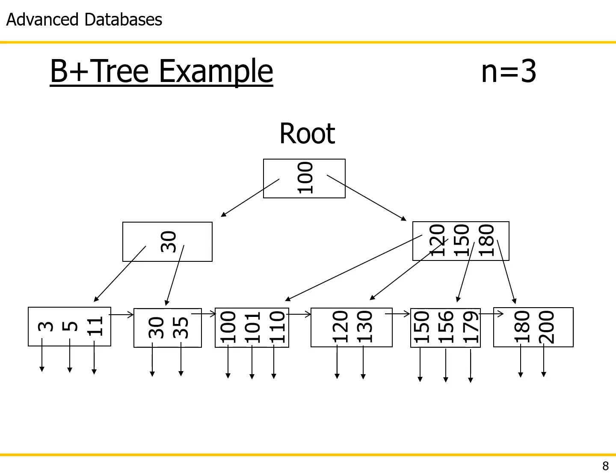Okay? Now the actual column that existed in the table that you have read and created this index from, we haven't discussed how we actually create the index, but that actual column is all the leaves at the bottom layer. If you sort the entries in that column, it's going to be 3, 5, 11, 30, 35, 100, 101, 110, 120, 130, all the way till 200. This is the content of that column.